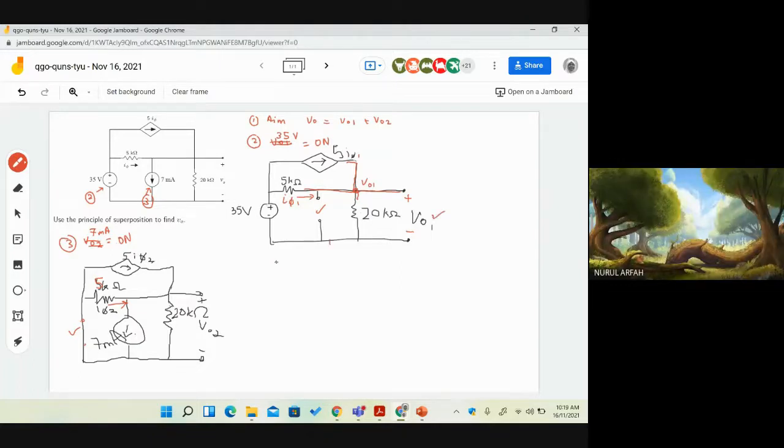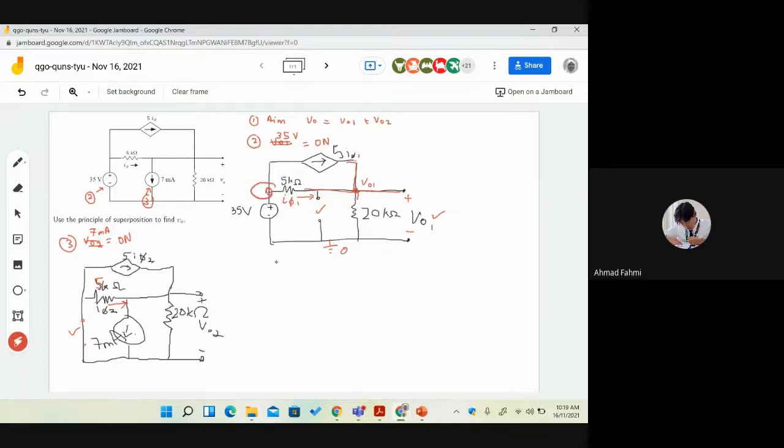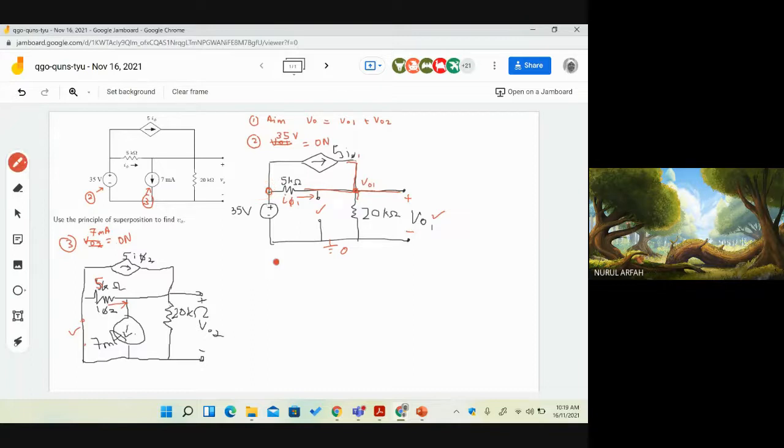But we haven't put it. We should put this first, because in nodal analysis you need to put the reference point. And then what is this one on the left side? 35. Very good. You just write down whatever node that you found the value for. So this is all 35 volt.